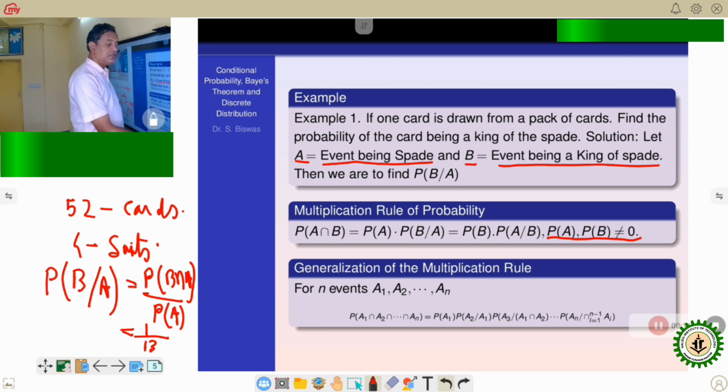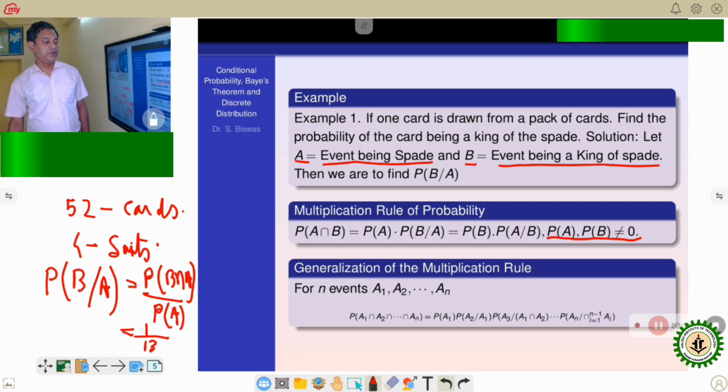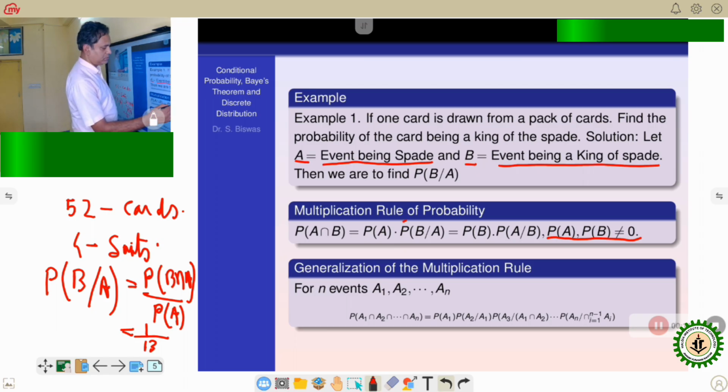These are all actually conditional probabilities. And likewise, it goes up to An, where the denominator is the intersection of Ai, i ranges from 1 to n minus 1. Okay, this is the generalization of the multiplication rule. This multiplication rule is one of the main implications of conditional probability because of this term.